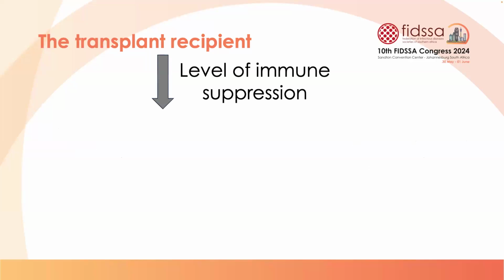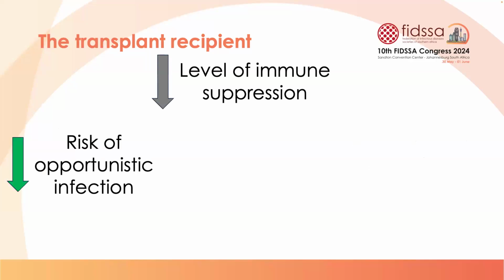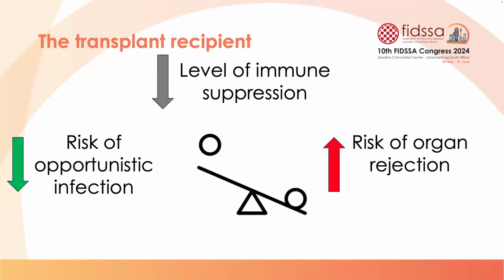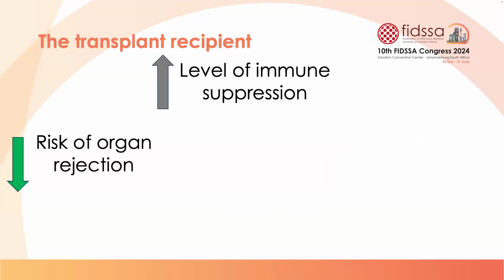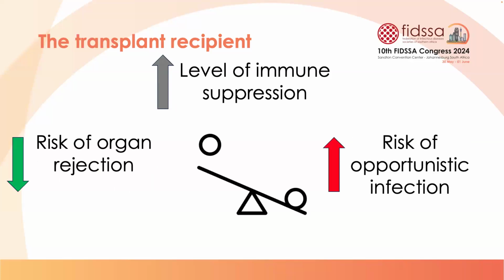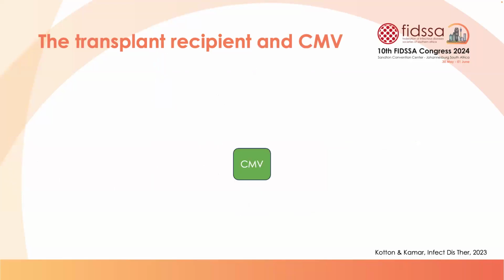If you reduce the level of immune suppression, you may reduce the risk of opportunistic infection, but you increase the risk of organ rejection. And likewise, if you increase the level of immune suppression, you decrease your risk of organ rejection, but you increase your risk of opportunistic infection. So this balance is quite difficult to maintain.